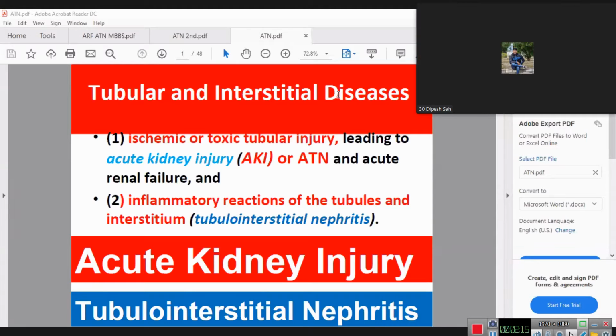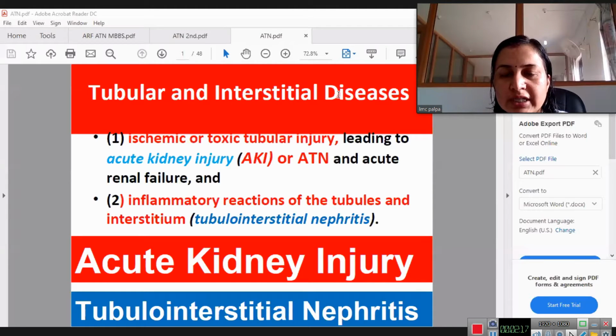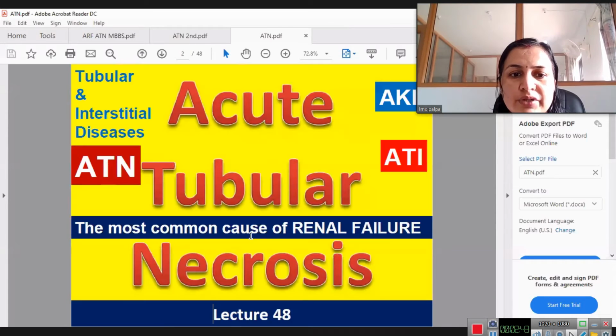Clear? Now, under the overall heading of tubulointerstitial disease, one is acute kidney injury or acute tubular necrosis, and another is just inflammation, tubulointerstitial nephritis. There are two entities under the heading of tubulointerstitial disease. Now we are talking about acute tubular necrosis first.